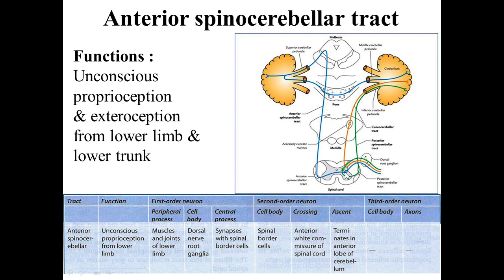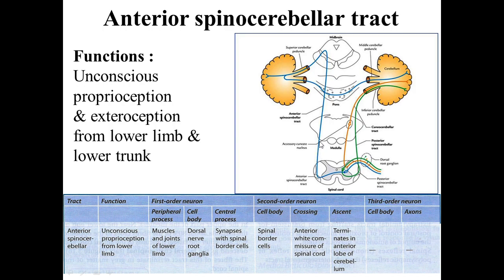They synapse with the tract cells in the gray matter, and from the tract cells the second order sensory neuron arises, which crosses to the opposite side and enters into the lateral funiculus on the opposite side, and then these fibers ascend as the anterior spinocerebellar tract.